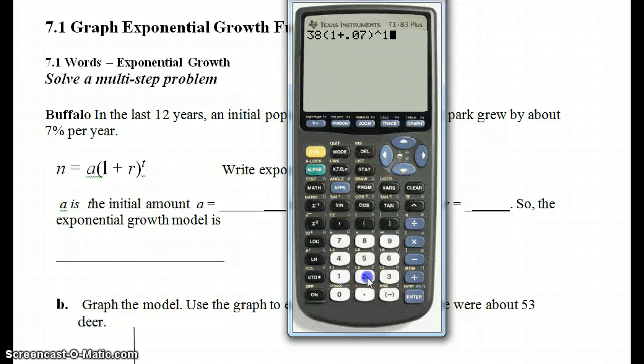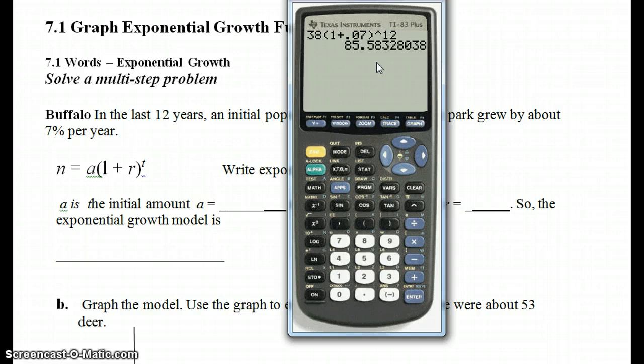Since we have 12 years, we'll just put in 12. So you can't have half of a buffalo, so in 12 years, we would have probably 86 buffalo.